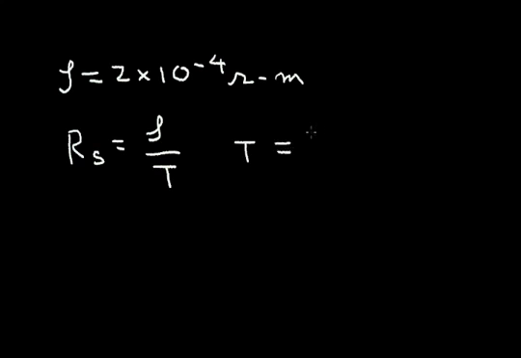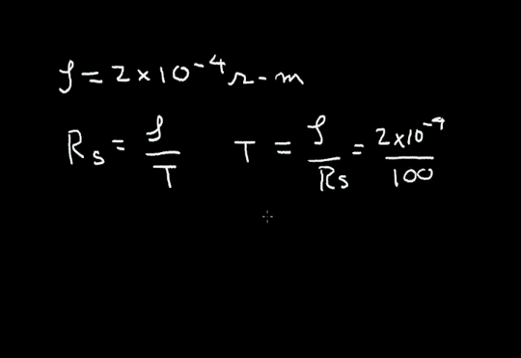So let's transpose. T is equal to rho divided by the sheet resistance, R sub S, in this case, is equal to 2 times 10 to the minus 4 ohm meters divided by sheet resistance of 100 ohms, which is equal to 2 times 10 to the minus 6 meters, which is also equal to 2 microns.